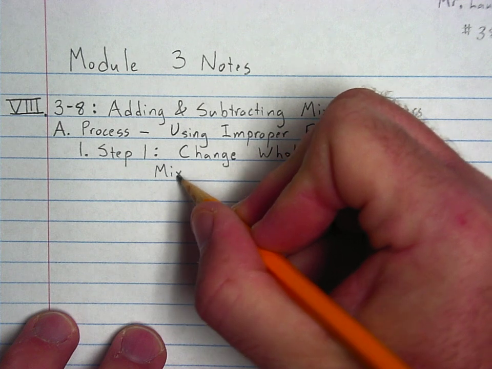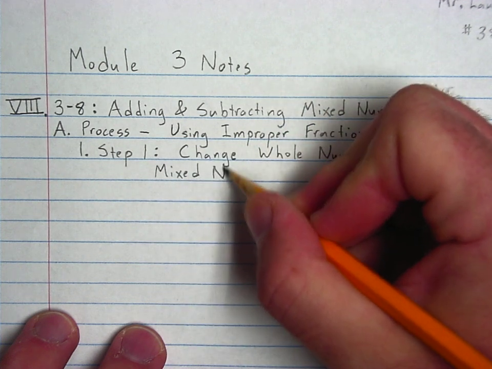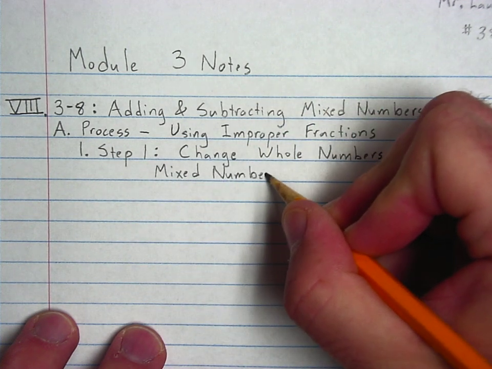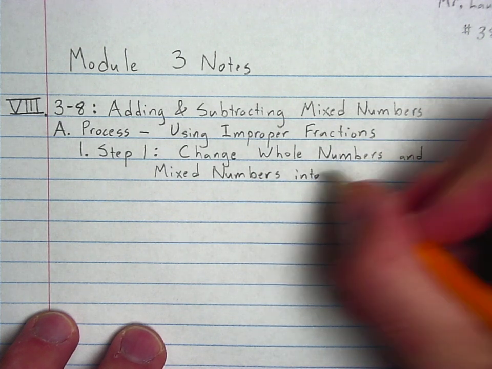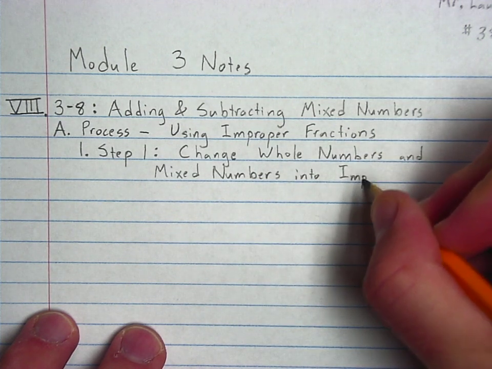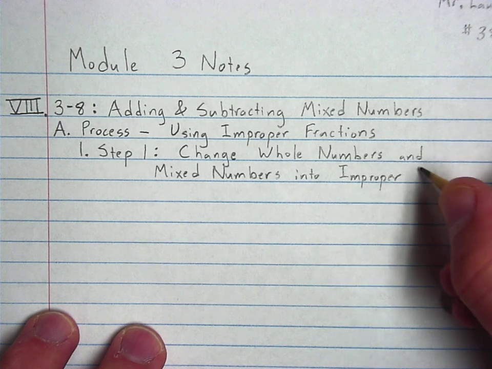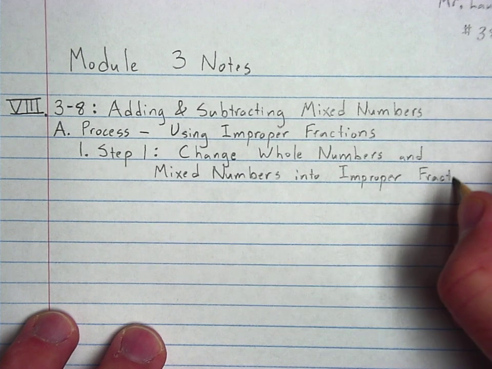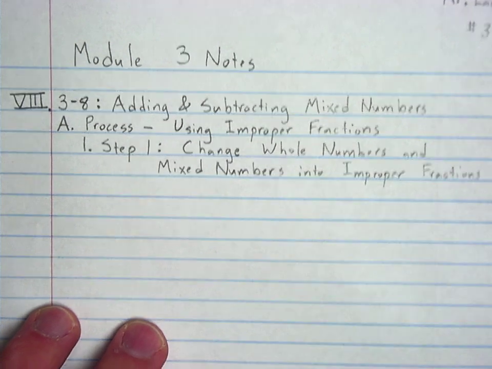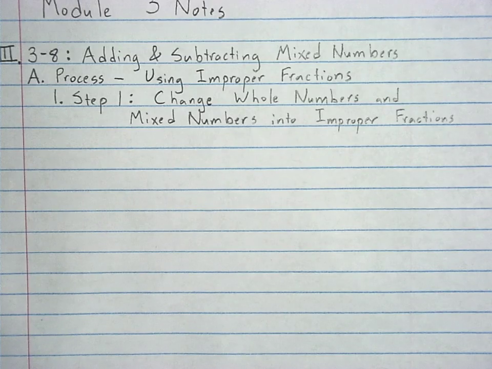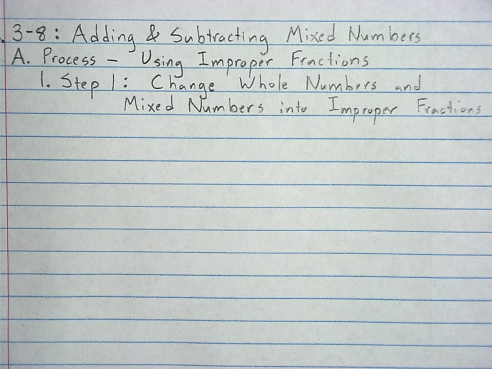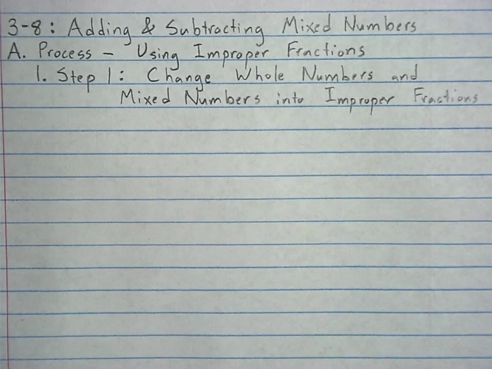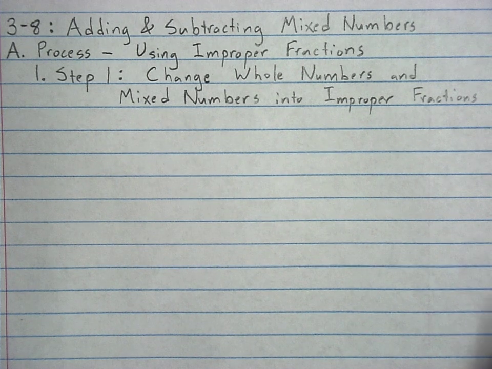You might not always have both, but whatever you have, any whole numbers, any mixed numbers, change them into improper fractions. I have a lot of capitalized words there. Probably shouldn't really be capitalizing all of them, but they're important math terms, so we'll leave it as it is. Change any whole numbers and mixed numbers into improper fractions.